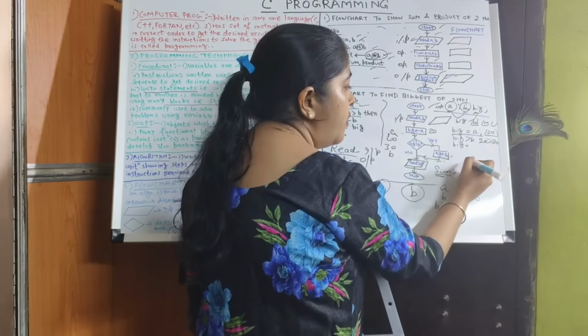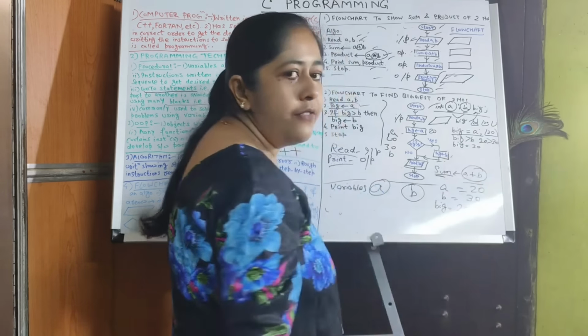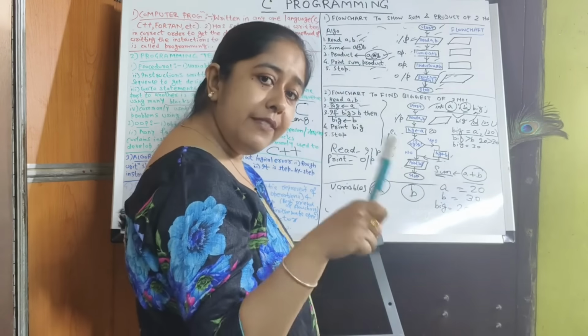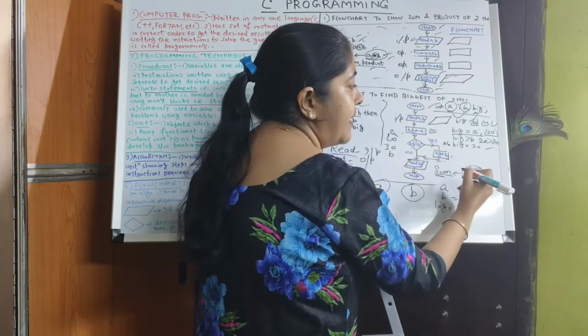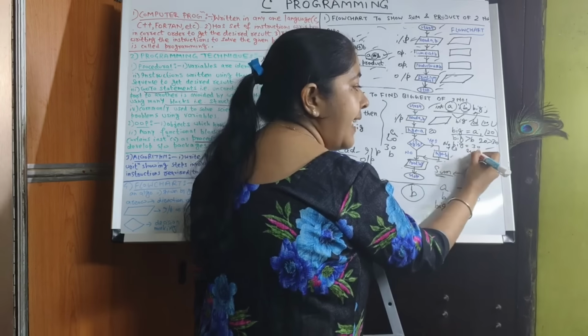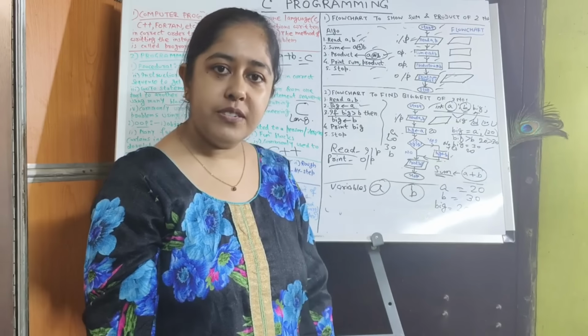So if no, then it's okay. Whatever value is greater, we will write that one. If no, then 30. If yes, then 20. So here you have to follow the instruction.